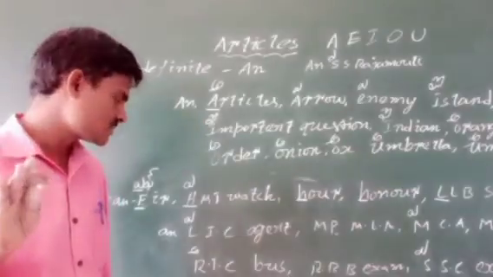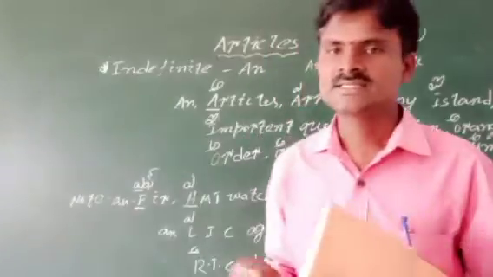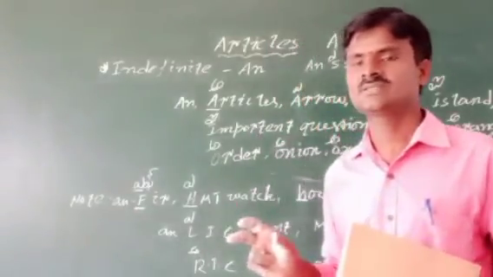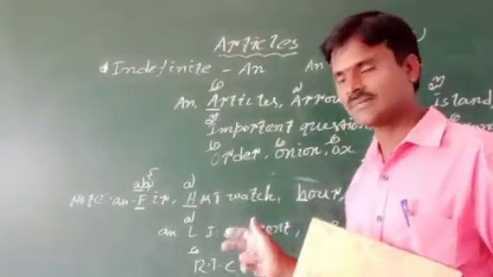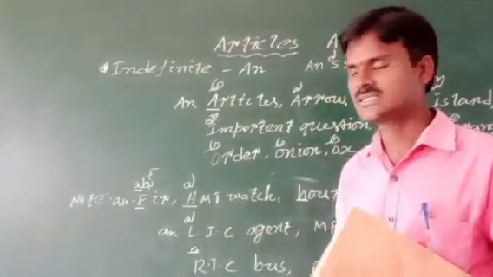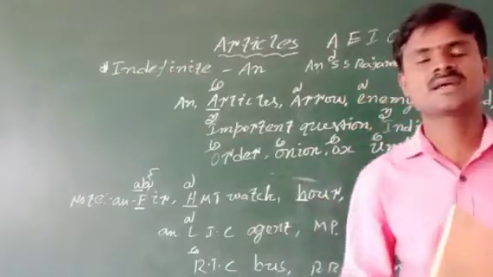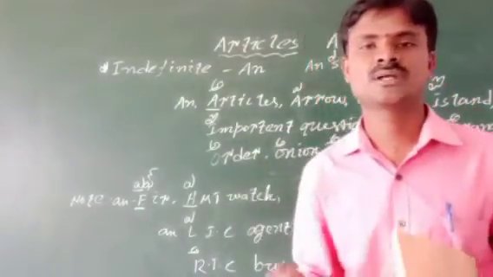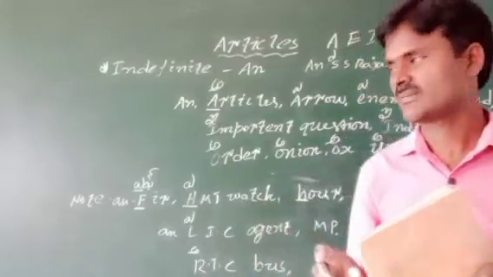If there is no bus, you have to write the RTC. Simply, if that is an abbreviation, you have to write "the". If there is something after the abbreviation, RTC bus, SSC exam, MP candidate, MLA candidate, you have to write the article "an". Children, please remember this.